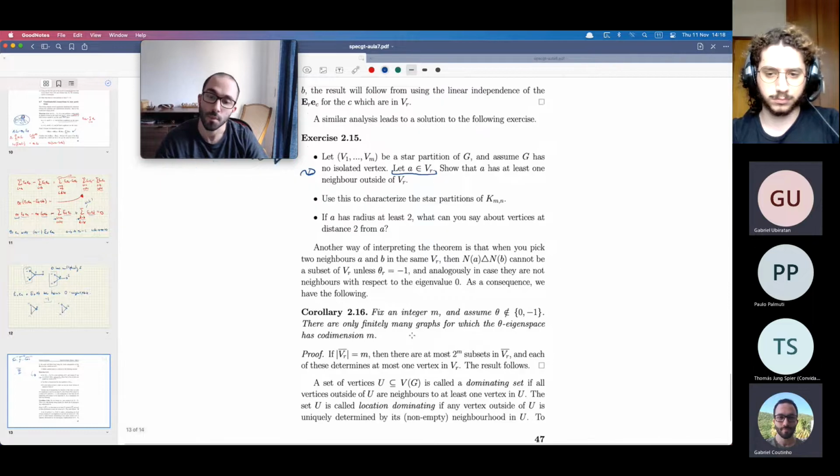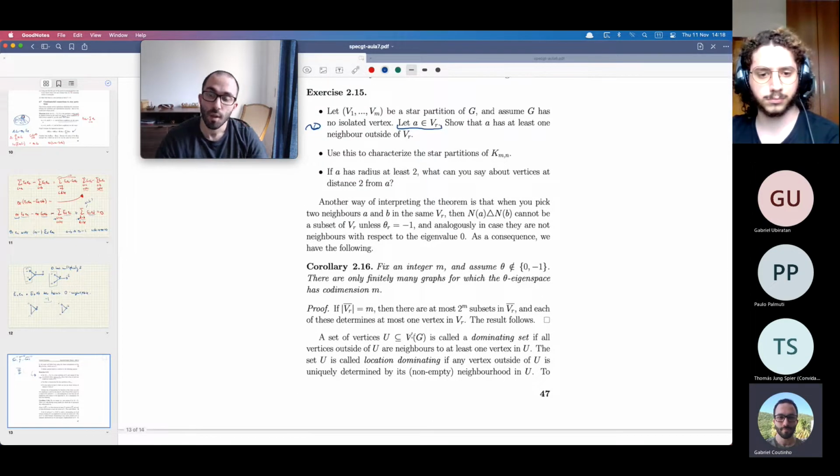Right. Now, another way of interpreting the theorem that we saw is that when you pick two vertices A and B in the same VR, then the symmetric difference of their neighborhoods cannot be a subset of VR unless the eigenvalue is -1, if they are neighbors.